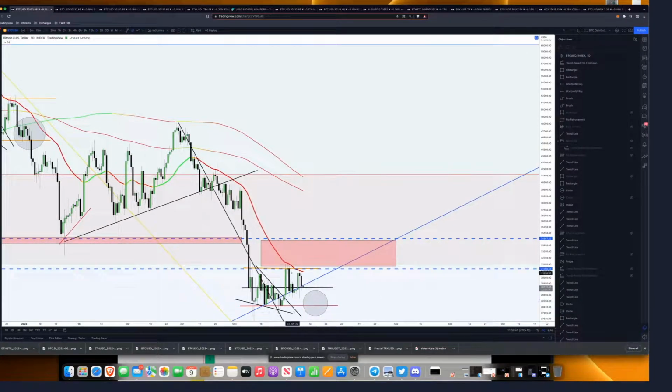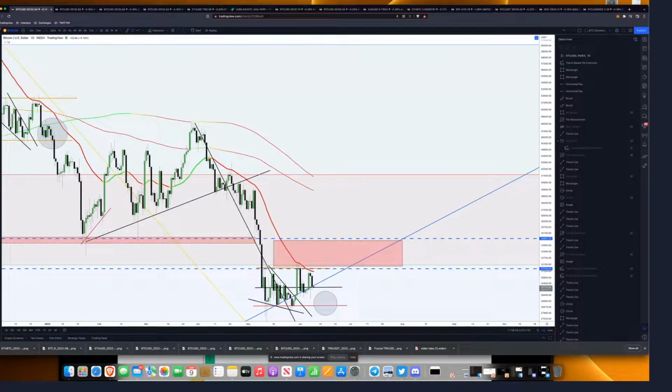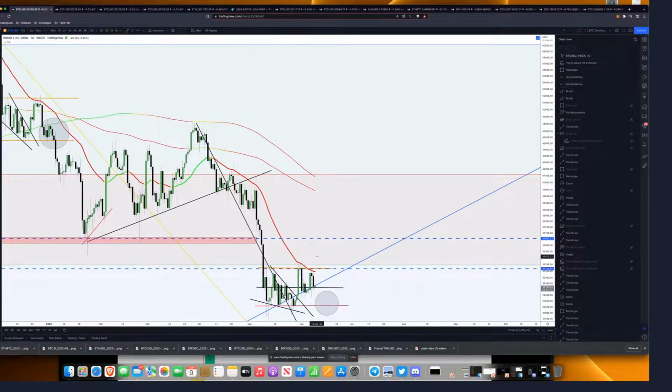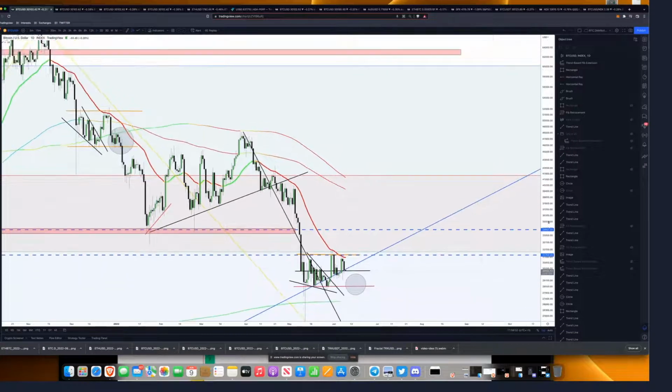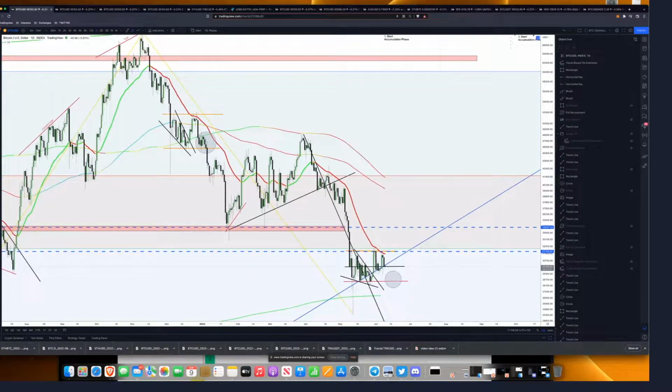You can see the clear lines of rejection there. So let me just get rid of that. There's that slight possibility that we can break up, which is a fake out, and then back down. And we can talk about that in detail. So the next section I'm going to tell you is how to take this trade.